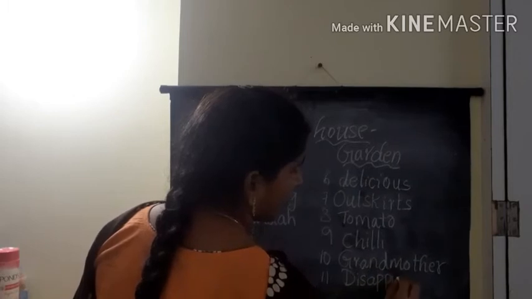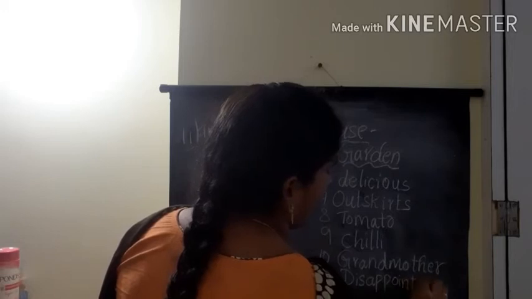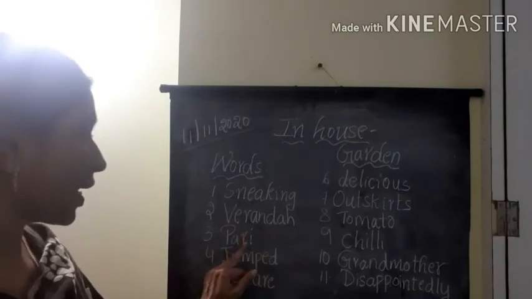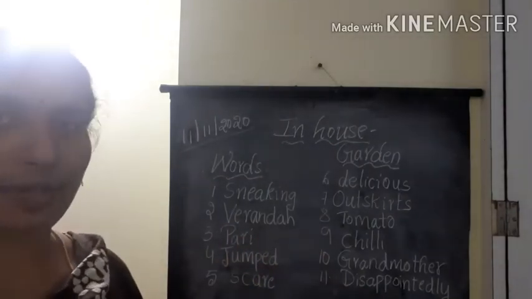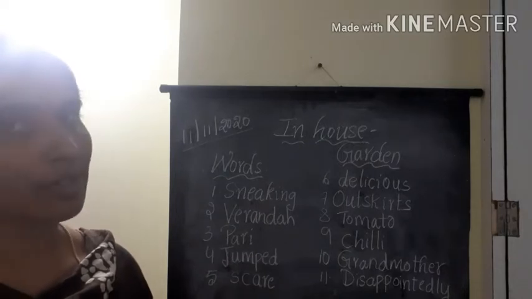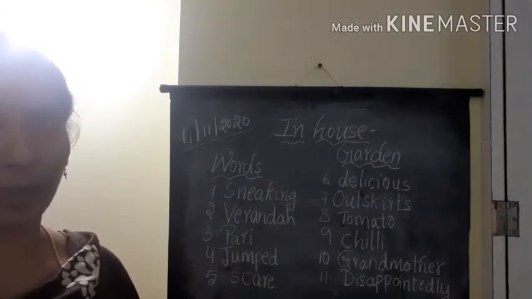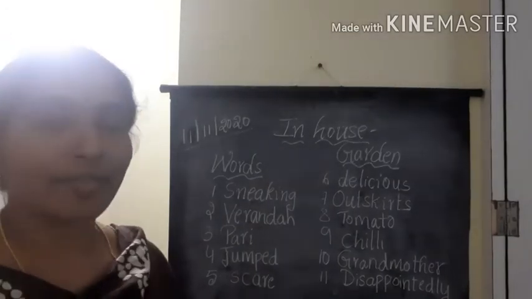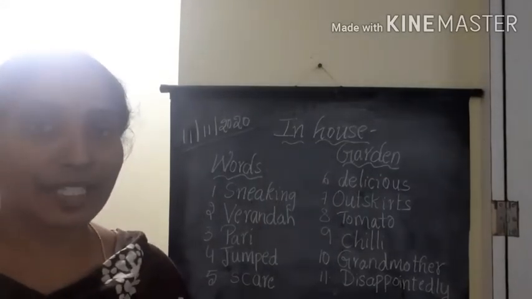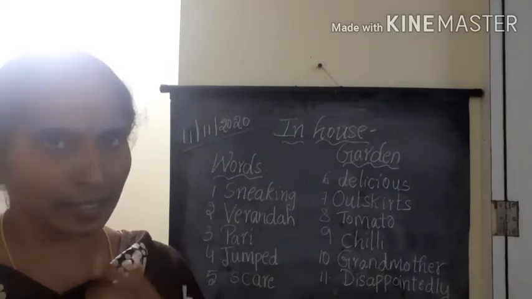Now, Pari is asking grandmother, why are you not buying vegetables in the market? Now, grandmother is replying, I want to eat fresh vegetables, but the vegetables in the market are not fresh nowadays.